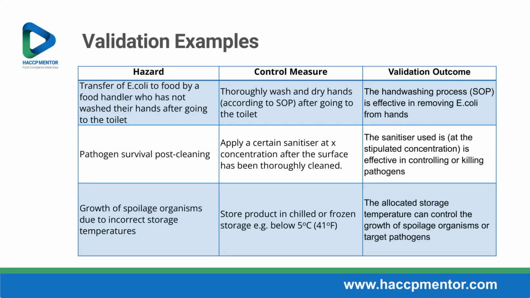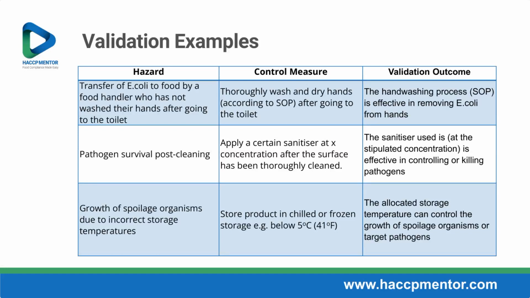Our final one here, we've got the growth of spoilage organisms due to incorrect storage temperatures. Our control measure here is to store product in chilled or frozen storage below 5 degrees Celsius, 41 degrees Fahrenheit. Again, we need to validate that the allocated storage temperature can control the growth of spoilage organisms or target pathogens.